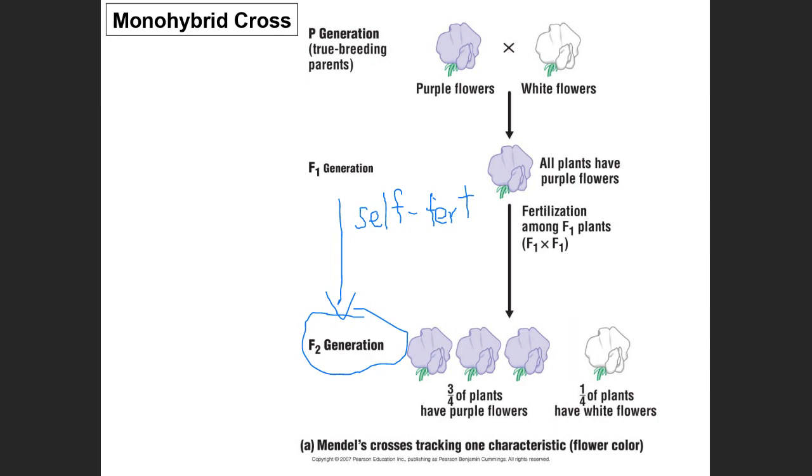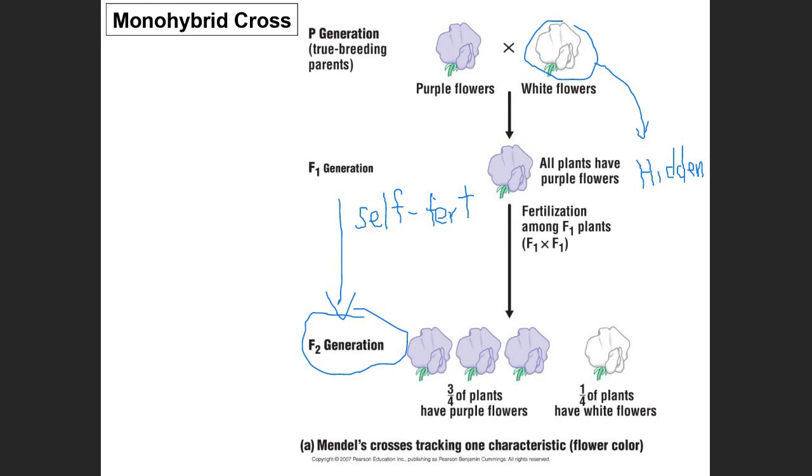So what he discovers is that even though none of the offspring ever produced white flower colors, these plants were carrying the information for this trait for white flower color, but it was hidden.